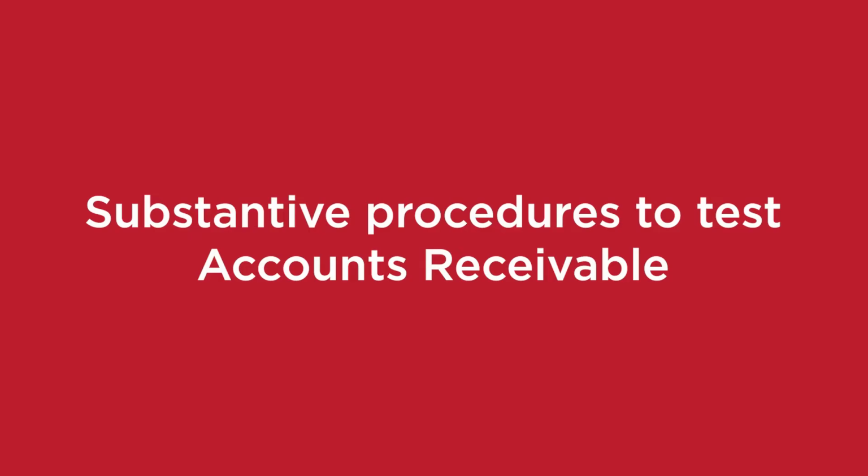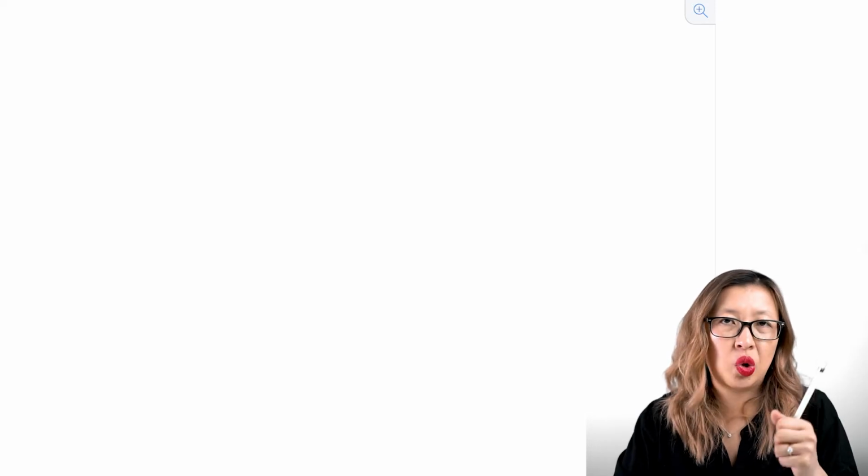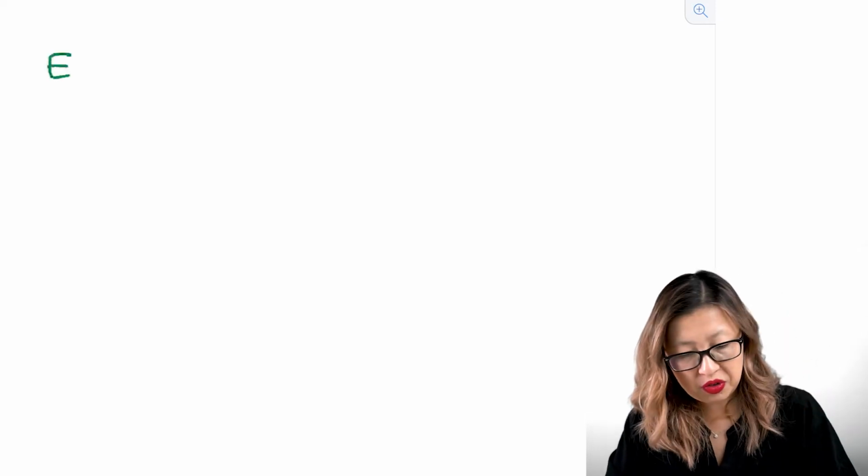Okay, so now let's get into the substantive testing. And when it comes to substantive testing, of course, we always want to start by making sure that we identify all of the different assertions.